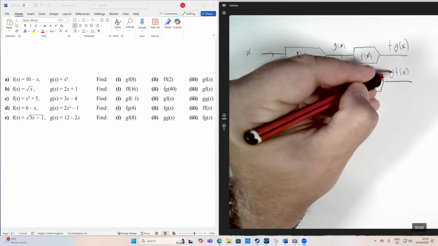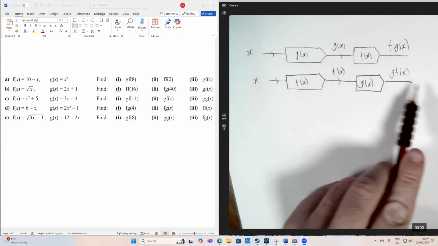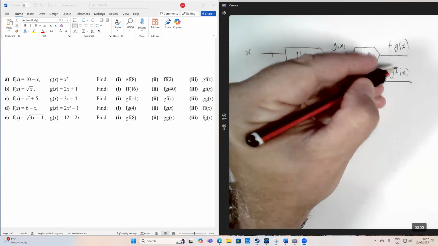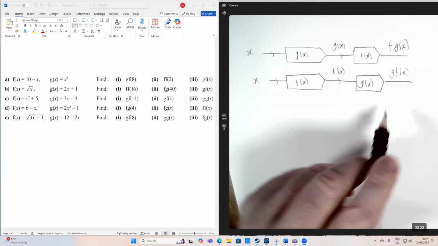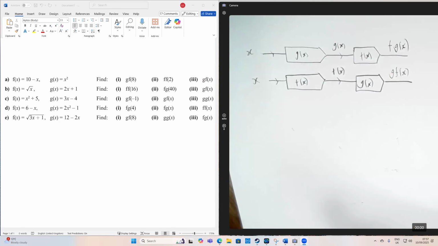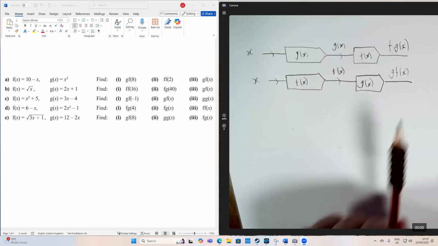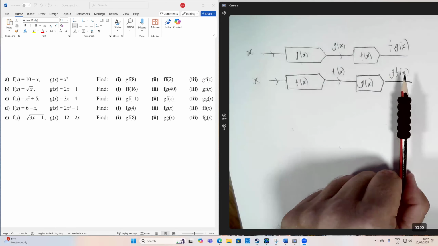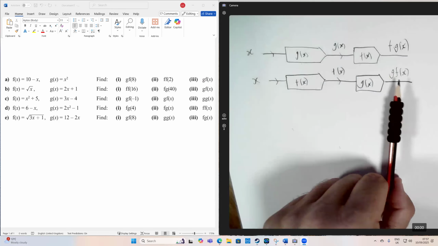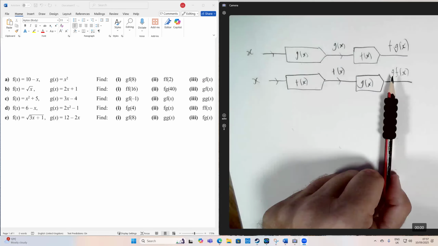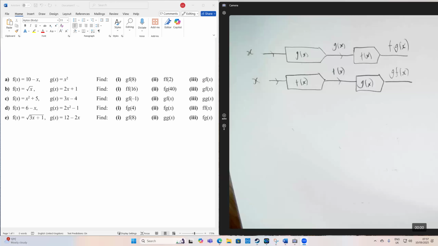And notice that the g and f have swapped places now, okay? So the f is now the one that is closest to the x in brackets because it's the one that happened first. So that's now our inner function, and our outer function is now the g of x. That little idea there is the key to understanding the topic of composite functions.